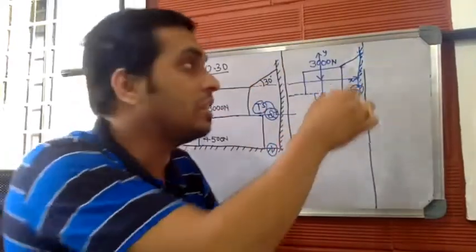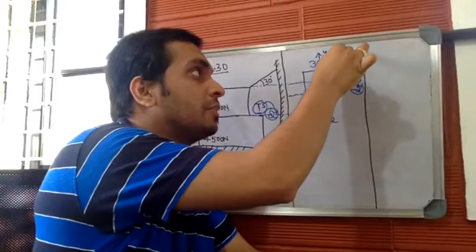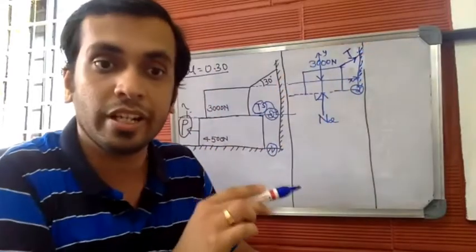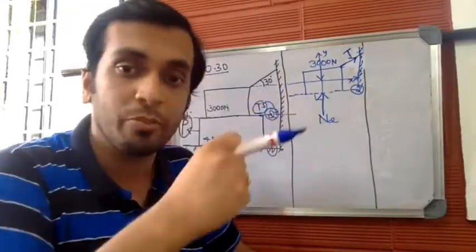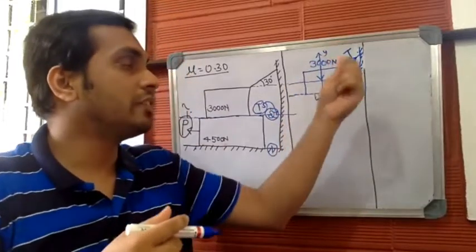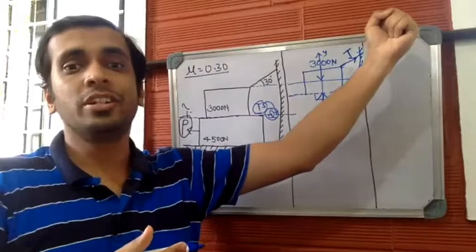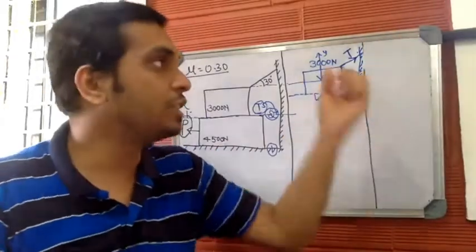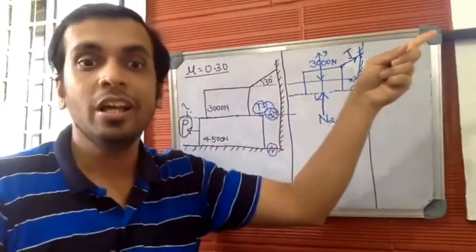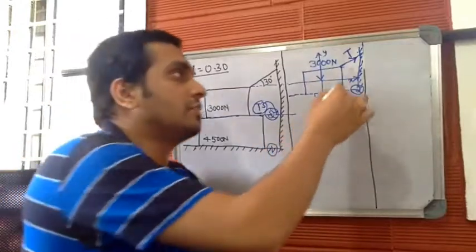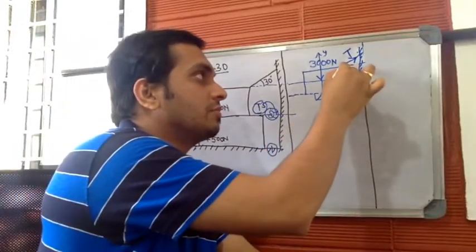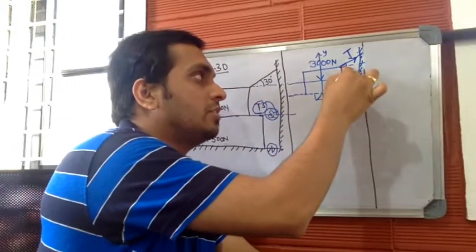There will be some force which runs through the body, moving away from the body, and it will hold the body, or try to pull the body towards the vertical surface. So this angle is 30 degrees.